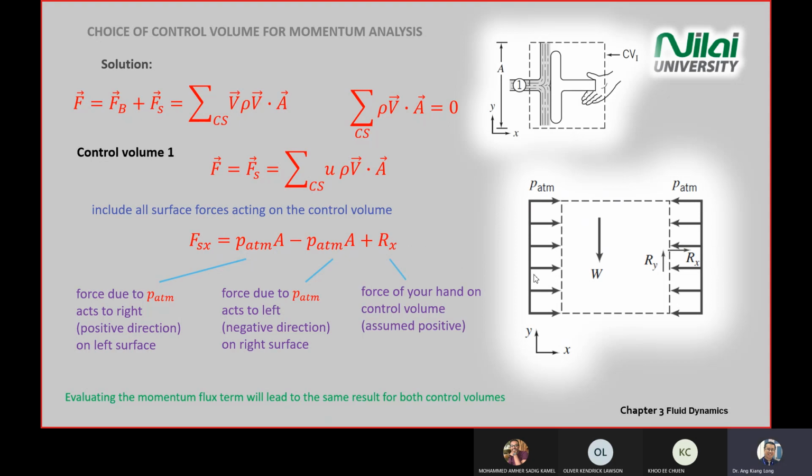Rx is the force that you feel by your hand. We assume that it is positive, going in this direction. So you start with the conventional directions: all x to the right, all y going up. Later, if you find a negative value, it means that what you assumed here is wrong, and you need to reverse it.